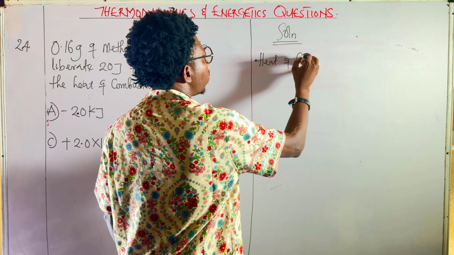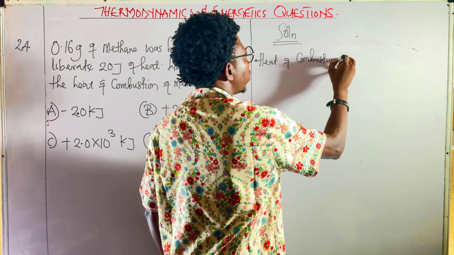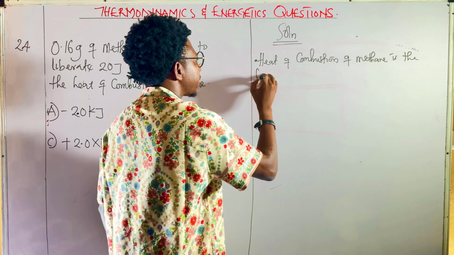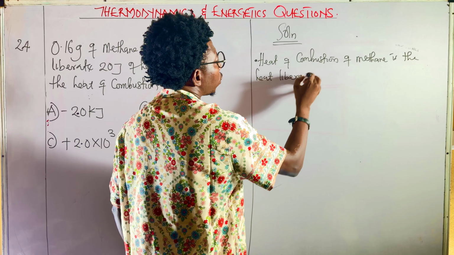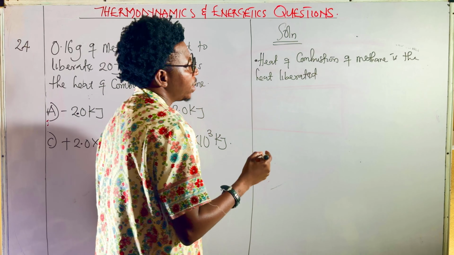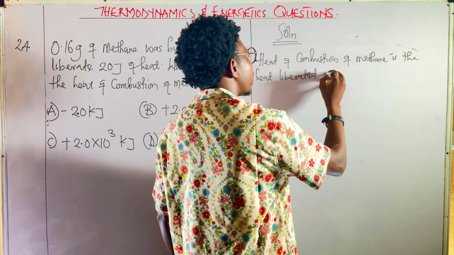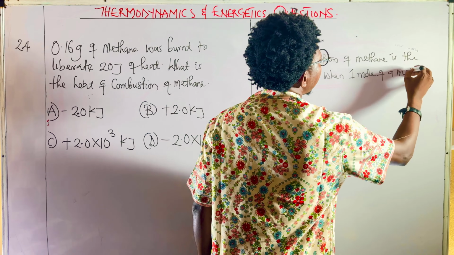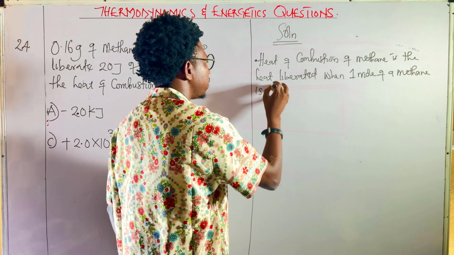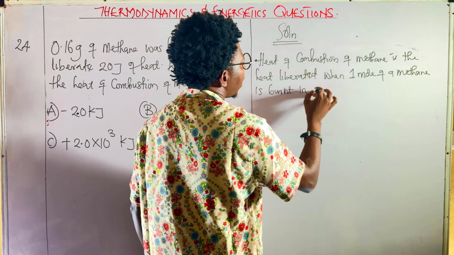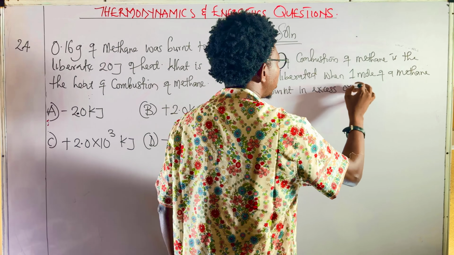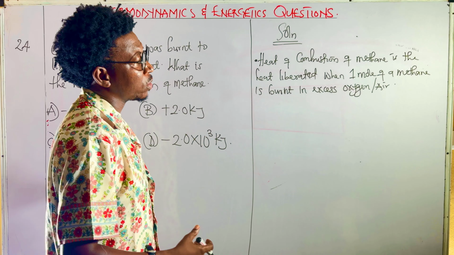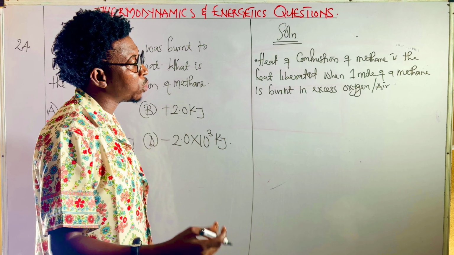Heat of combustion of methane is the heat liberated, because we all know that heat of combustion is exothermic, is the heat liberated when methane is burnt in excess oxygen or air. Now, if it's under standard condition, we could say what is the standard heat of combustion of methane.